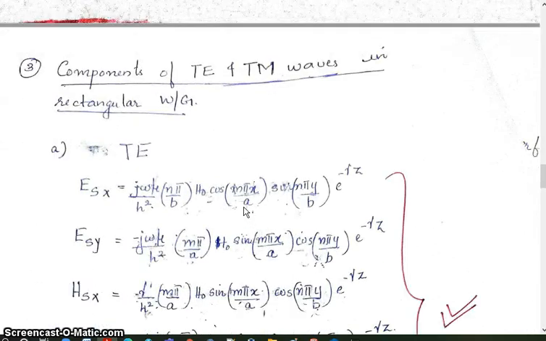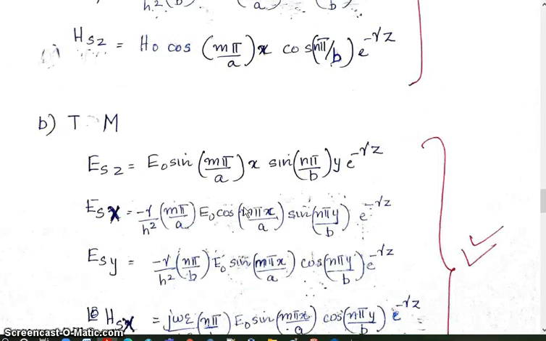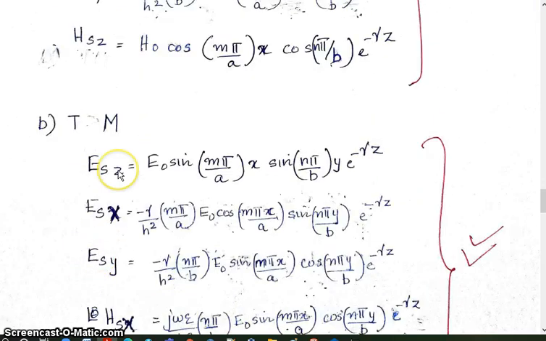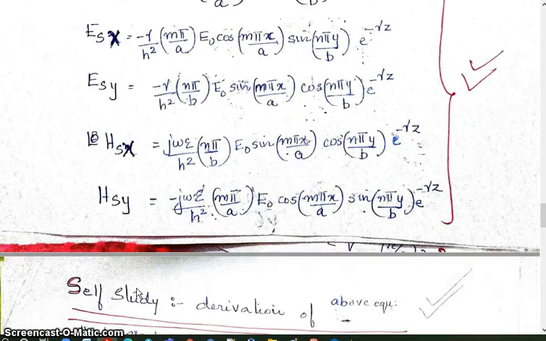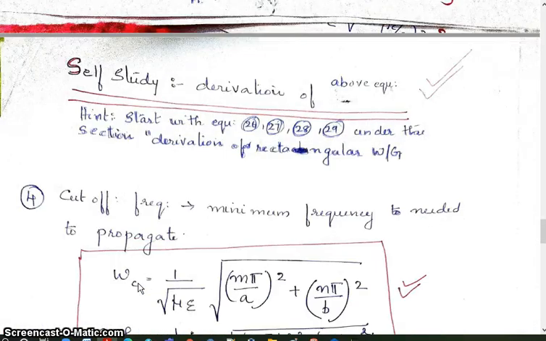Now these are the components of TE and TM waves in a rectangular waveguide. You have around 10 component expressions, that is for TE, Ex, Ey, Hx, Hy, Hz, and for TM, Ez, Ex, Ey, Hx, and Hy. The derivation of these equations you have to do as self-study.